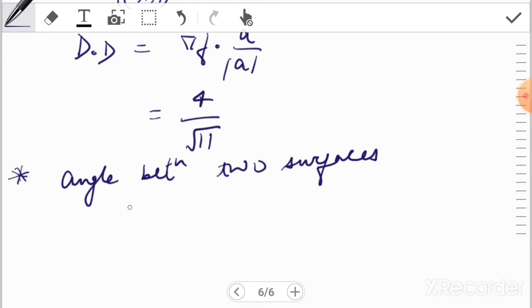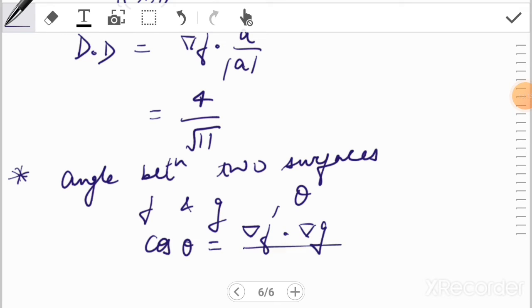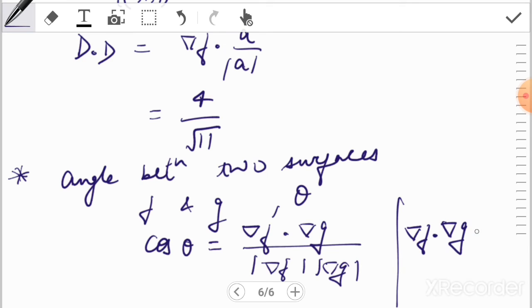So if f and g are any two surfaces and theta is the angle between them, then cos theta is defined as gradient f dot gradient g by modulus of gradient f and modulus of gradient g, right? And if the two surfaces cut each other orthogonally, then del f dot del g is equal to 0.